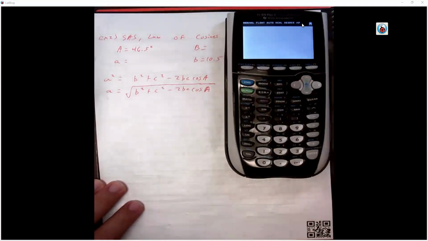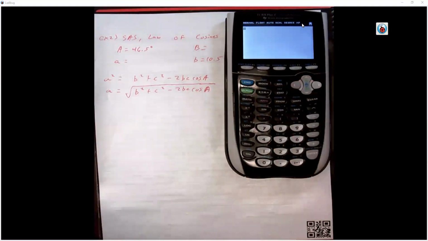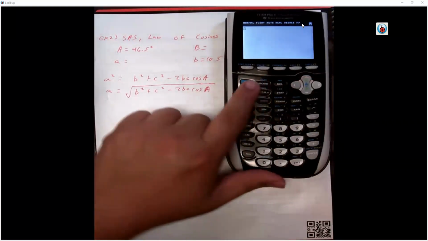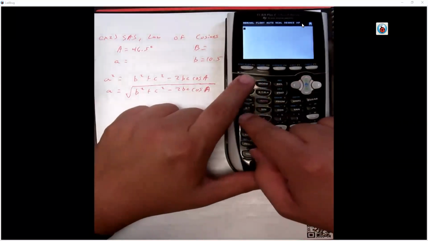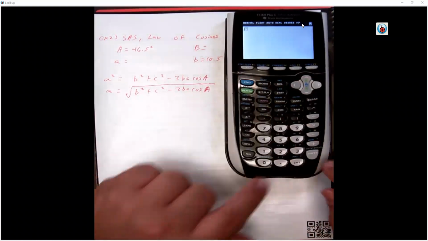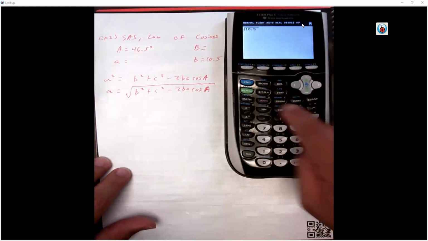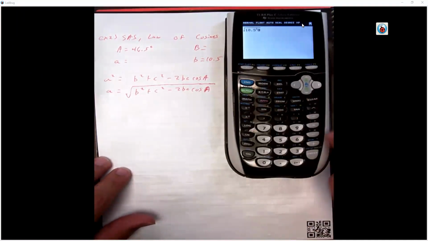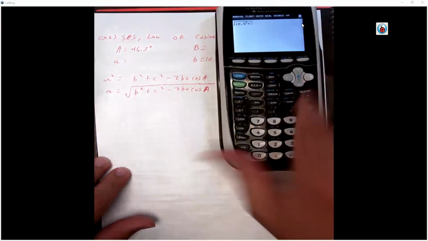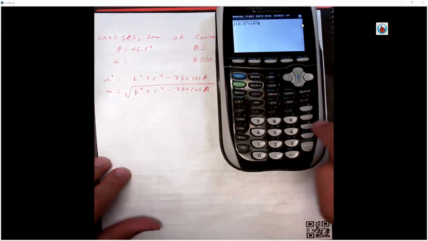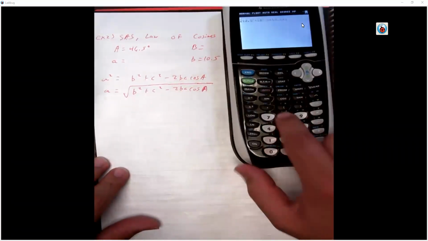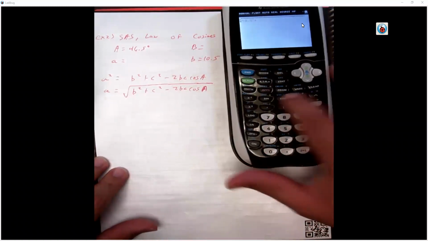Once we get A, we can do law of cosines for the angle or law of sines. So B squared, which is 10.5 squared, plus C squared, minus 2 times B times C times cosine of 46.5.